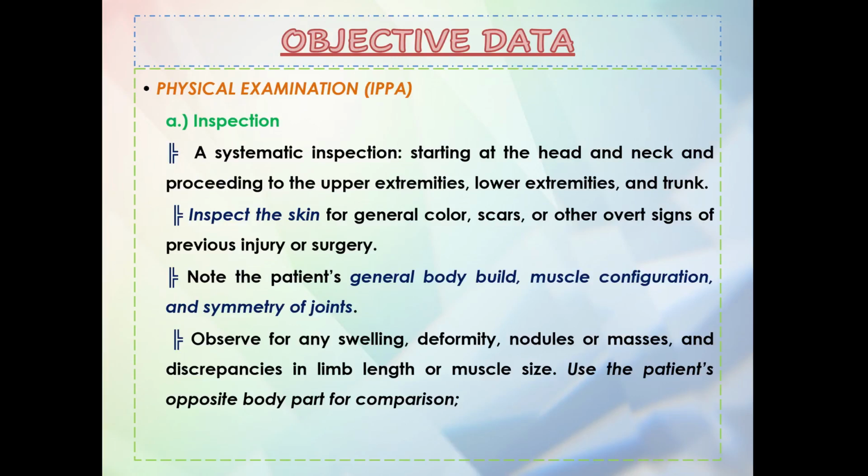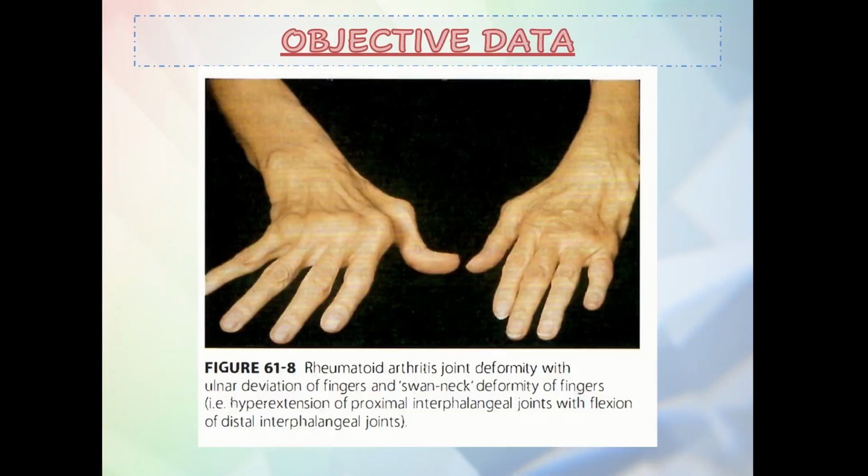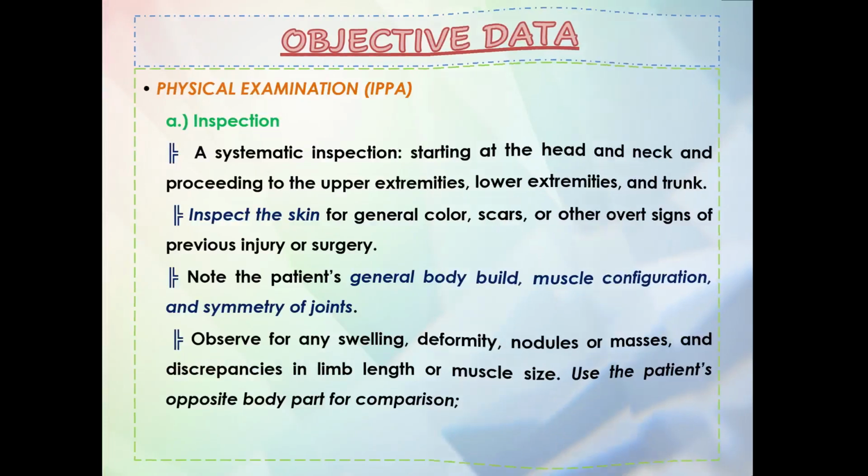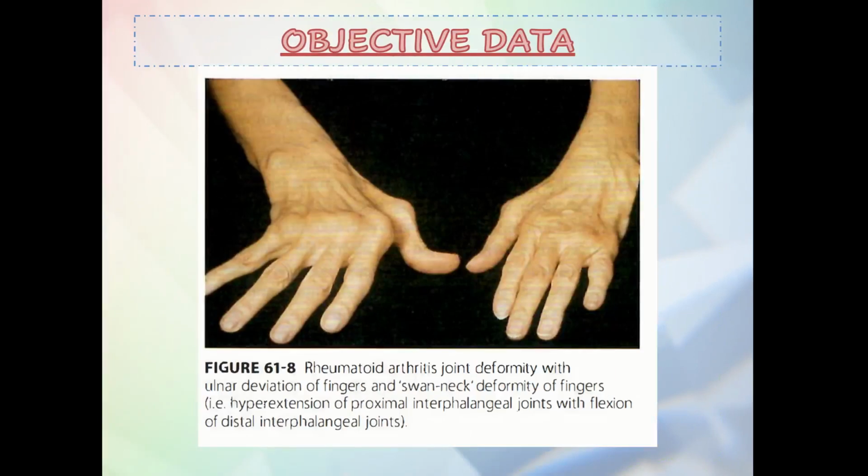So use the patient's opposite body part for comparison. So yun nga yung sinabi ko about the symmetry. And then this is just the inspection. We use our eyes, our senses to get these details or this information. So we just inspect. And then this is an example of a deformity na na-experience sa mga may RA. So kitang-kita yung deviation, di ba?